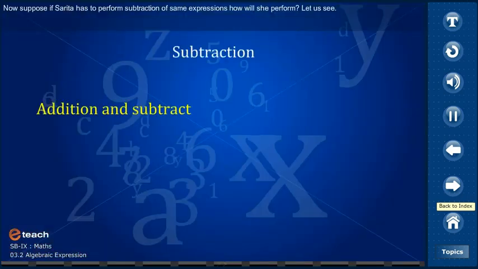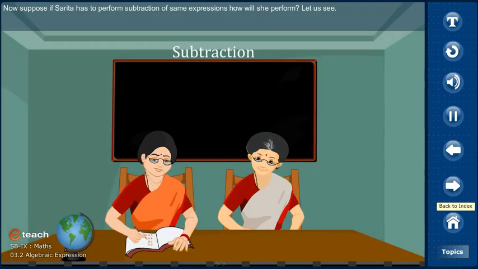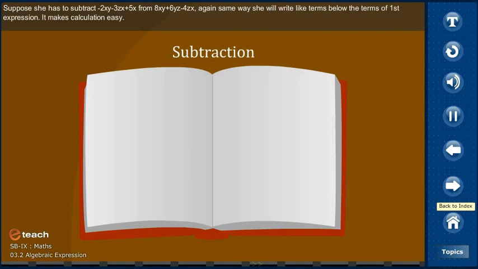Now suppose Sarita has to perform subtraction of the same expressions, then how will she perform? Let us see. Suppose she has to subtract minus 2xy minus 3zx plus 5x from 8xy plus 6yz minus 4zx.